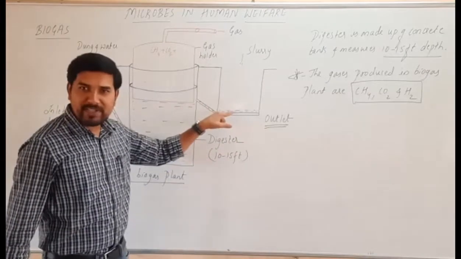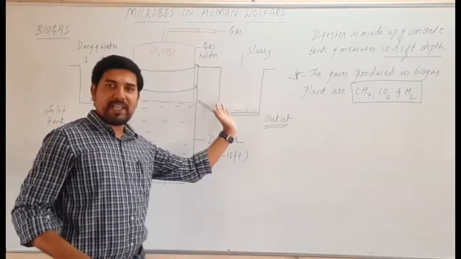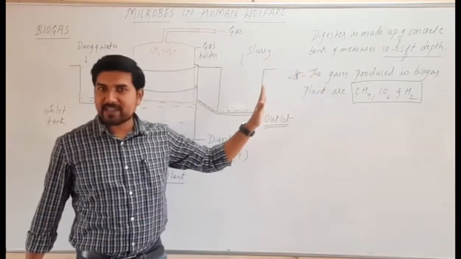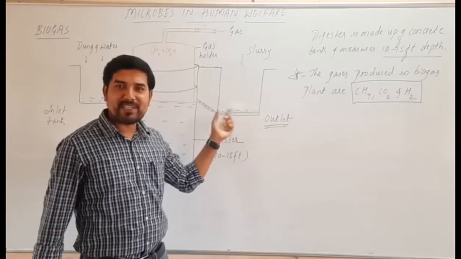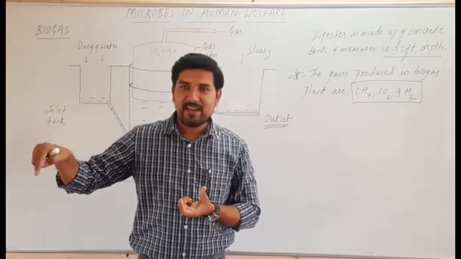It comes and accumulates here, and from this outlet tank it can be taken and removed. After taking this spent slurry, it is not a waste material. Again, it can be reused. It acts like a manure which can be used in the agricultural field.